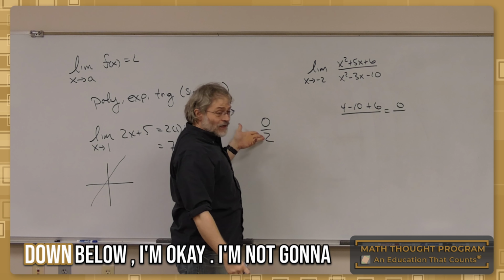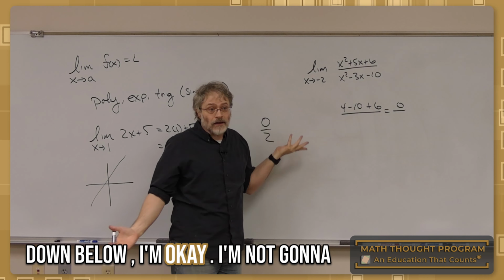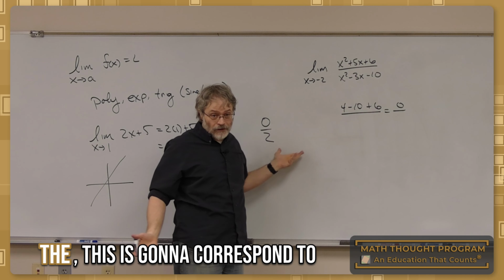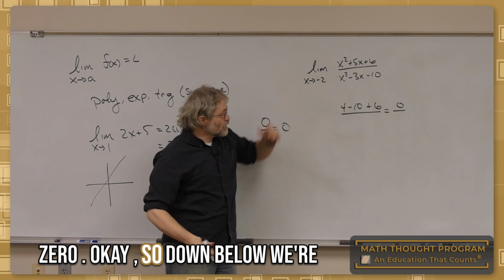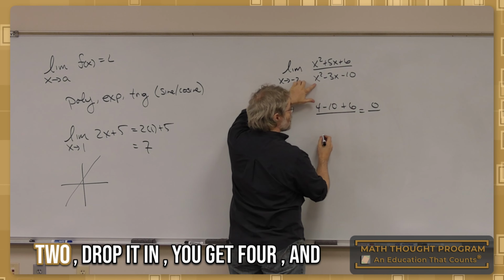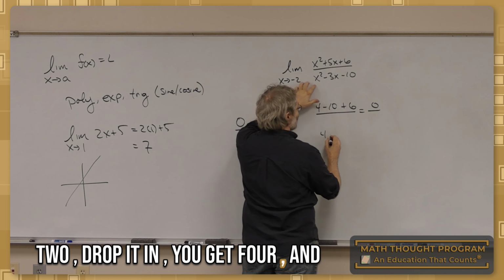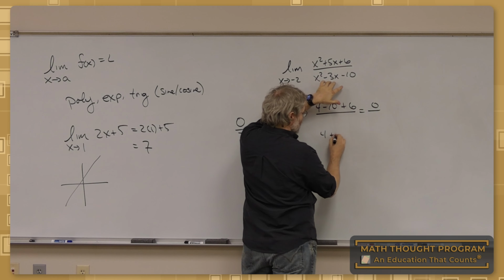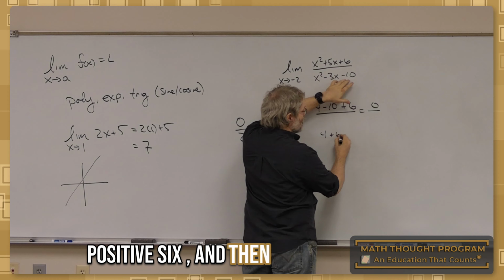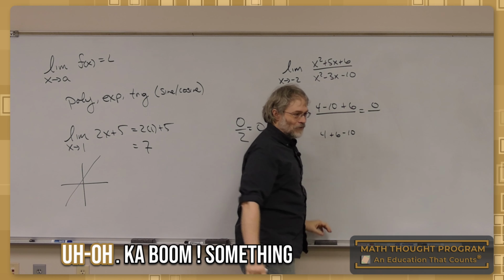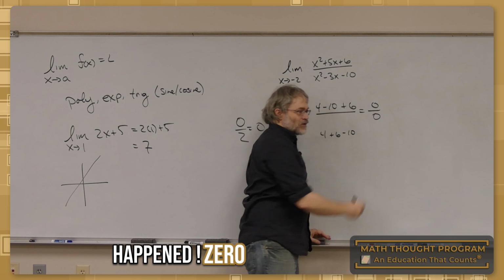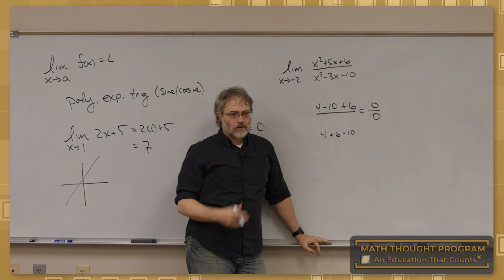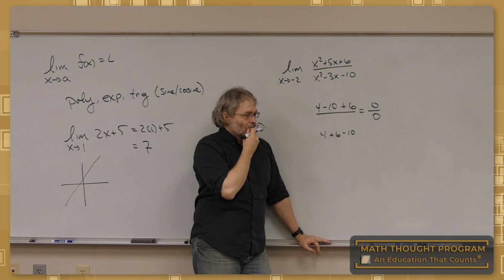Okay, so let's see what happens down below. If I get a number down below, I'm okay. I'm not going to be worried about anything. I know this is going to correspond to 0. Down below, we're going to get a value: take -2, drop it in, you get 4, and then we're going to get +6, and then, uh-oh, kaboom! Something happened! 0. Oh my.